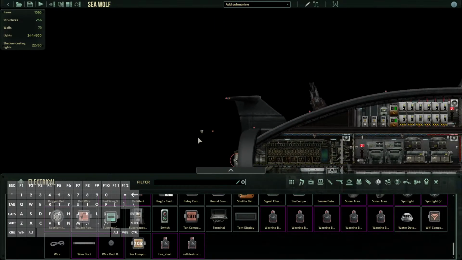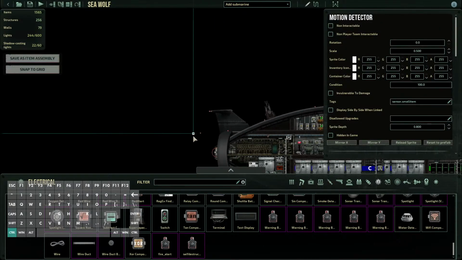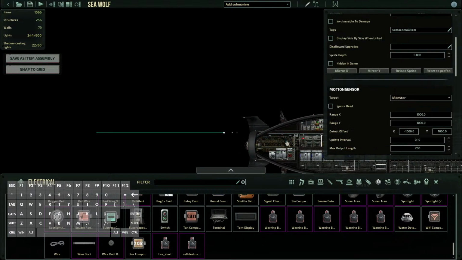Right, so we can say, I think I have this on another sub. It looks like 1000 is our limit. So 1000 by 1000, and we'll call this 500 by 500 with the negative 500 offset. We're talking about proximity detectors for monster alerts.